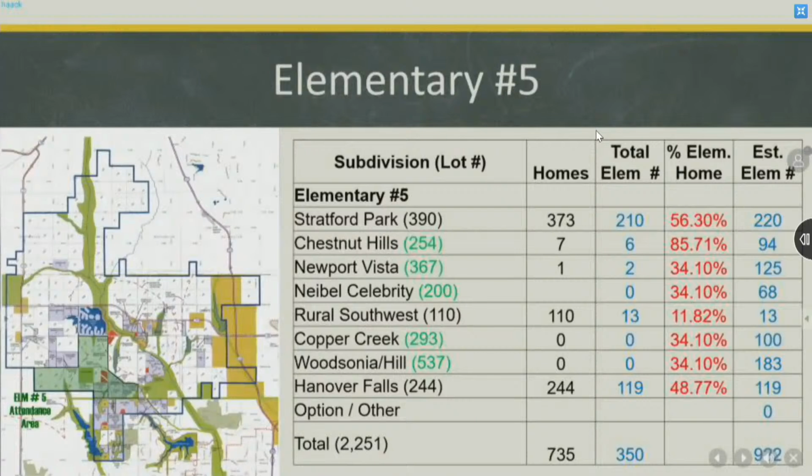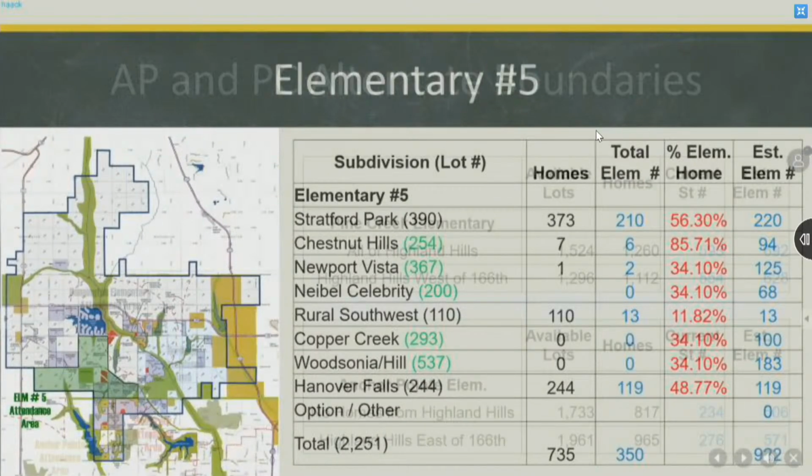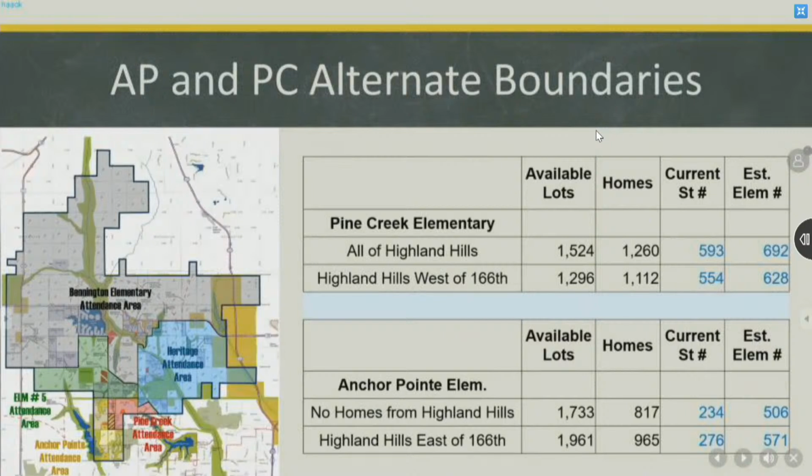Right? We have an alternate as we look at Pine Creek and Anchor Point. You saw the numbers at Anchor Point a little bit low. You saw that already Pine Creek is a little bit high. So as we look at this, we have an alternate. The alternate is Highland Hills. Highland Hills, 166th Street.